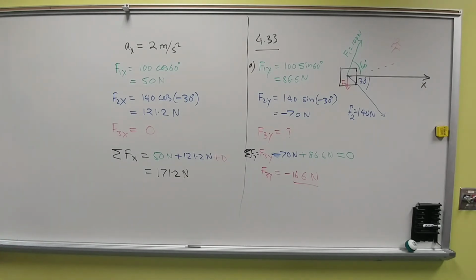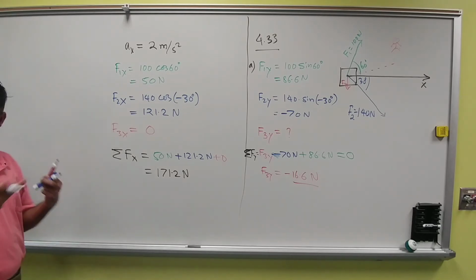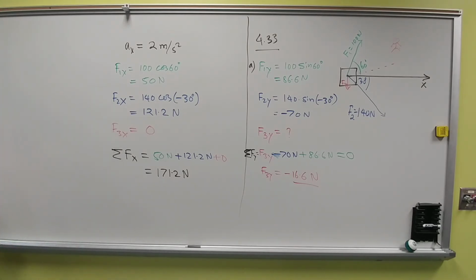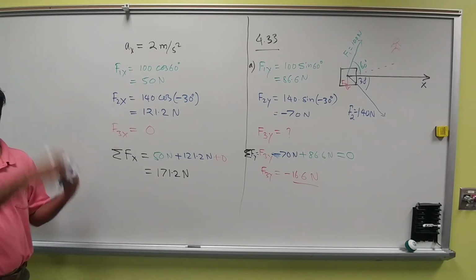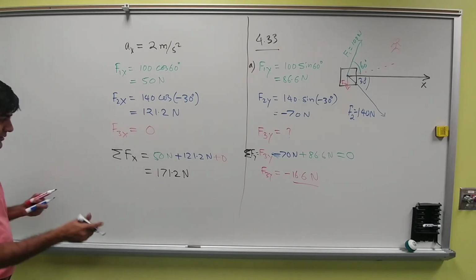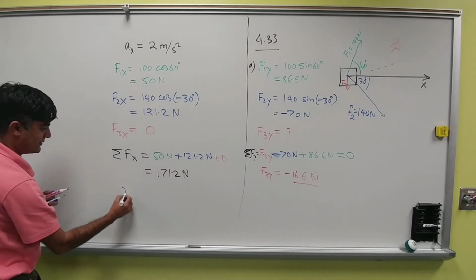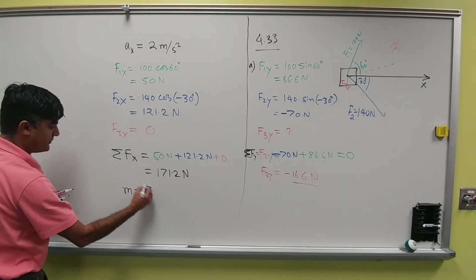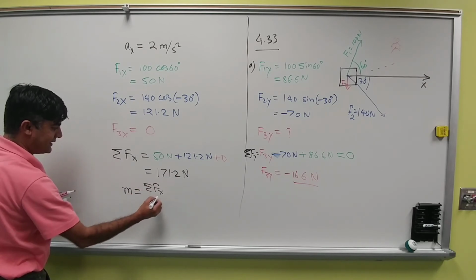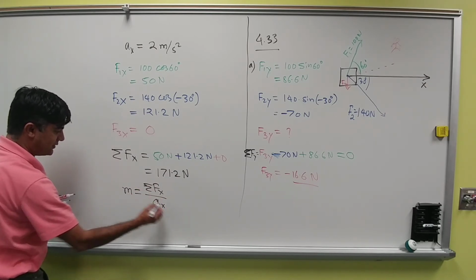The total force means mass times acceleration, because the question is asking you for the mass of the cart. So the clue here is that mass is total force divided by acceleration. The acceleration is given, so the total force was the clue. So mass equals total force along x divided by acceleration along x.